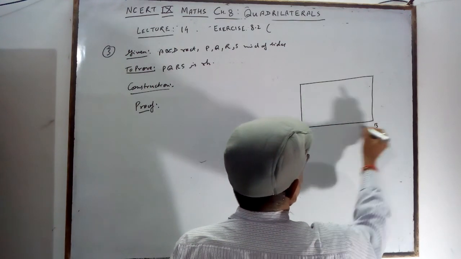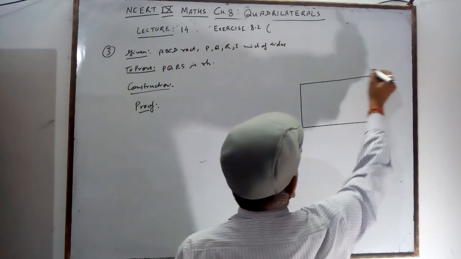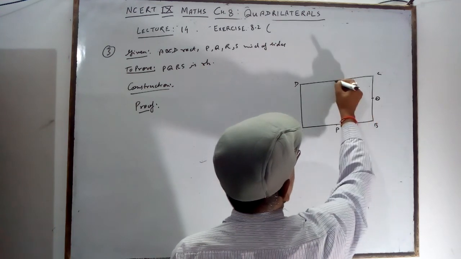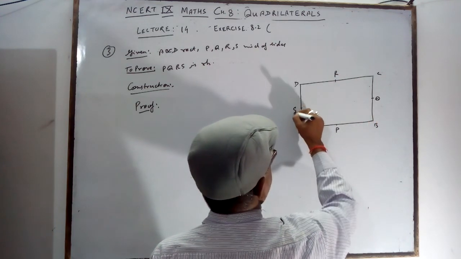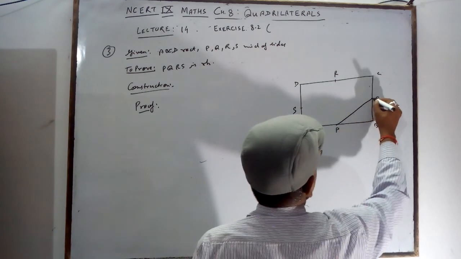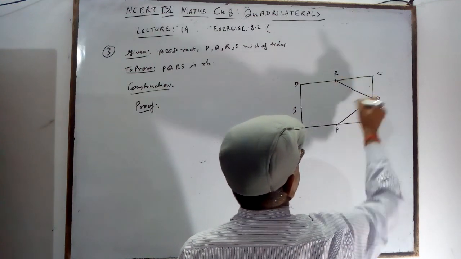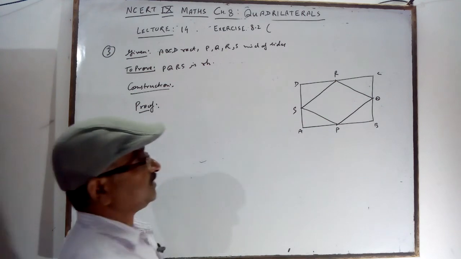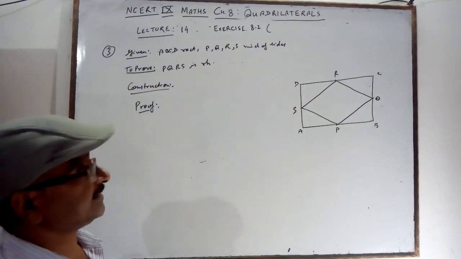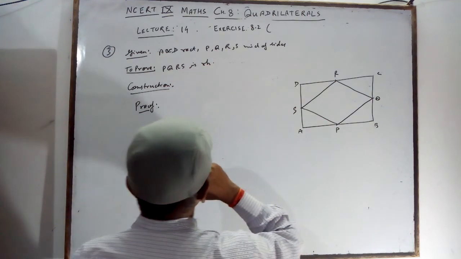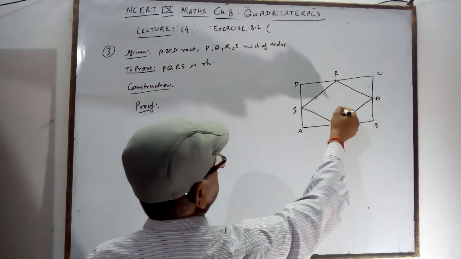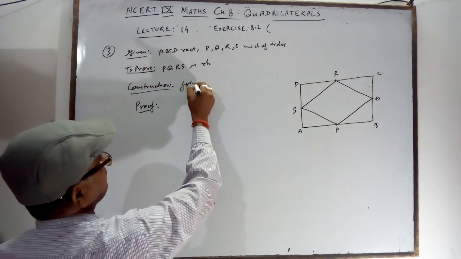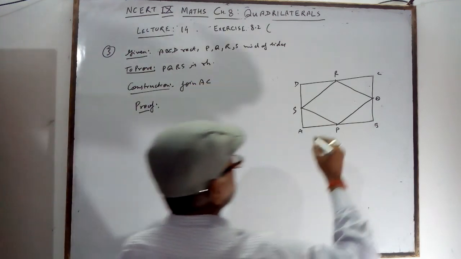A, B, C, D, P, Q, R, S. Join these. Construction: join AC. Only you join AC.